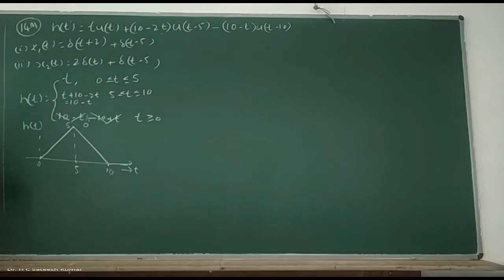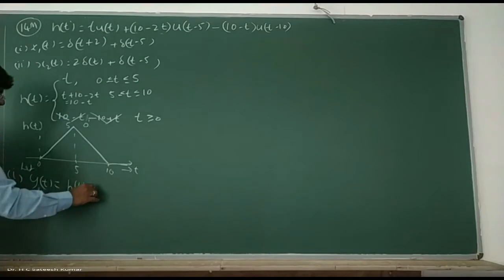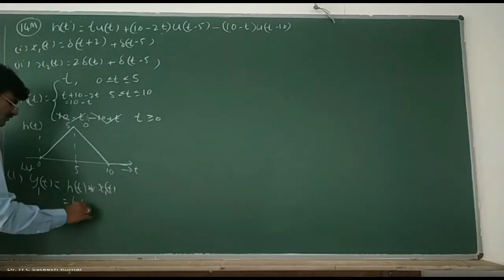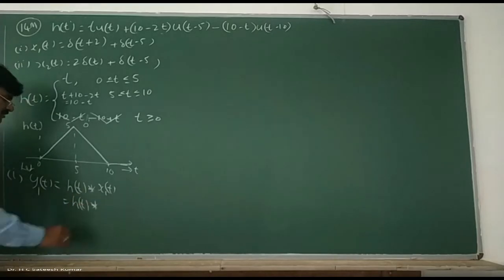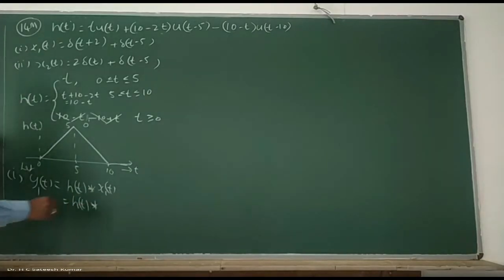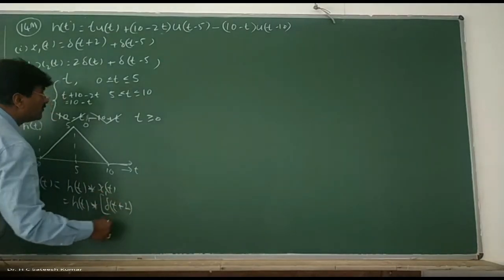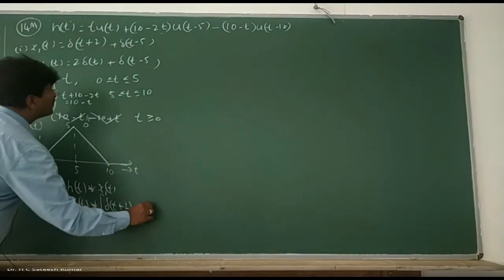So take the first one. Let us call it y1 of t. y1 of t is equal to h of t convolution with x1 of t, which is h of t convolution with delta of t plus 2 plus delta of t minus 5.